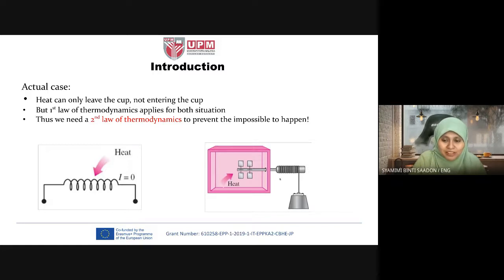But in the reverse process, the work from the shaft cannot just be rejected to the chamber here.